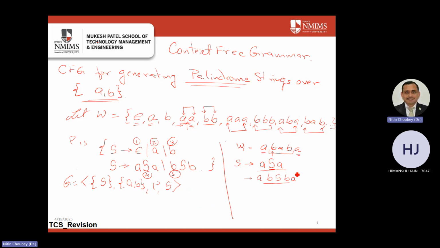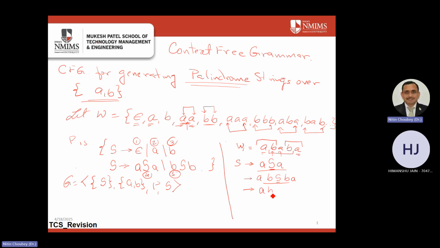Last but not least, again we use the only variable available. Our objective is A, B, A, B, A, out of which this part has already been generated, and this also has already been generated. So what is left is only a single A, which we can easily take with the help of rule number 2.